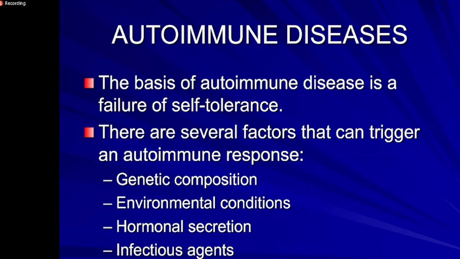And we'll illustrate some of these as we move on. Then there is the environmental condition, and then issues of the hormonal suppression. For example, a number of autoimmune diseases are more common within the female gender. And obviously, infections will play a role with autoimmune diseases.